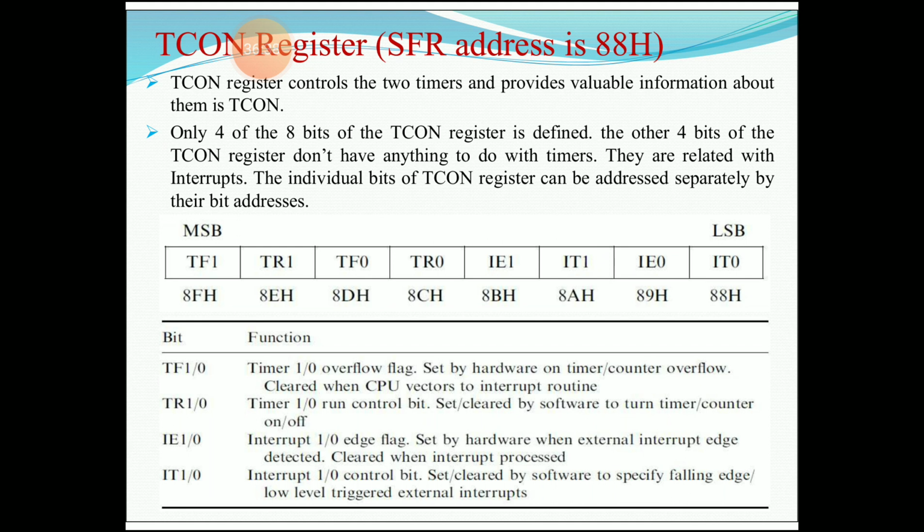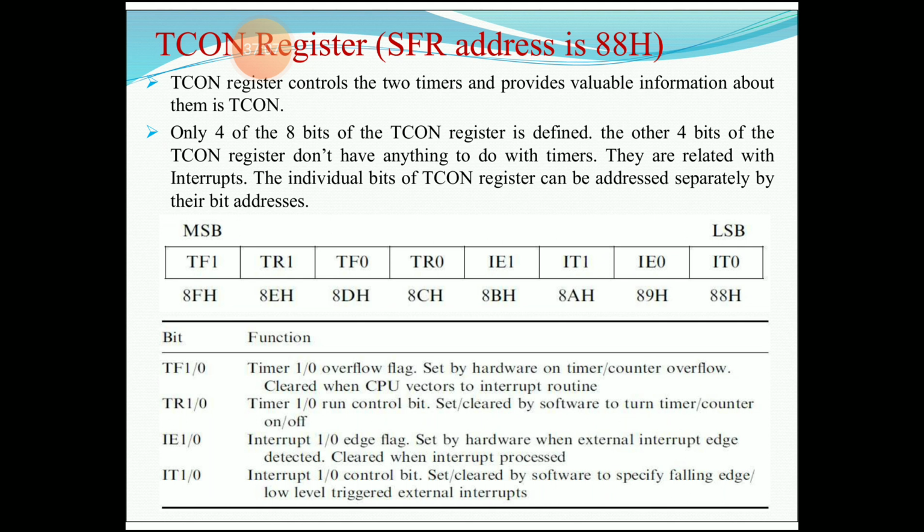Among the 8 bits, only the upper 4 bits are used to control the timer operation. Those are TR0, TR1, TF0, TF1. TR0 and TR1 are the timer run bits. When we want to start the timing operation, these two bits become logic 1. To stop the timing operation, these two bits become logic 0.